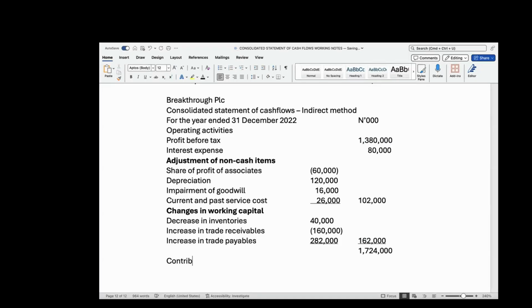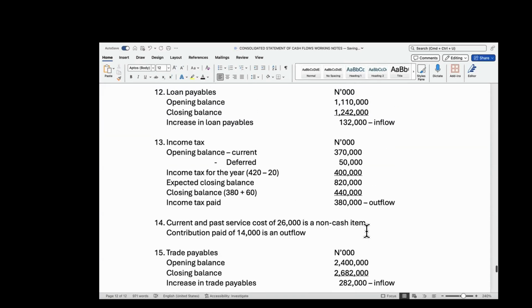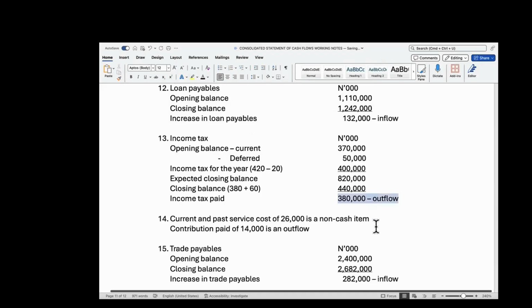Then don't forget the contribution paid that we identified. To those we paid 14. And also the income tax paid. Also from our workings. How much was the income tax paid? 380.